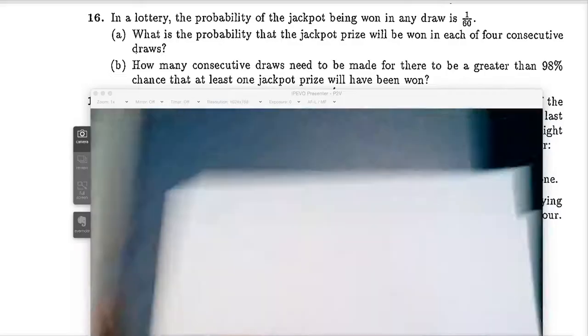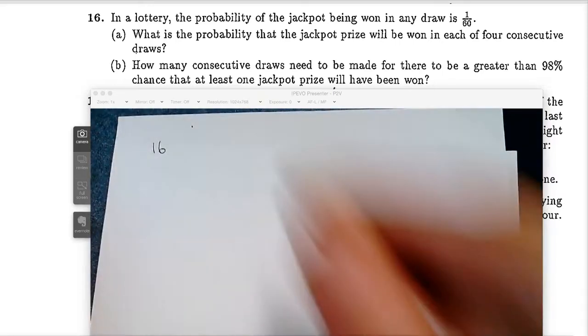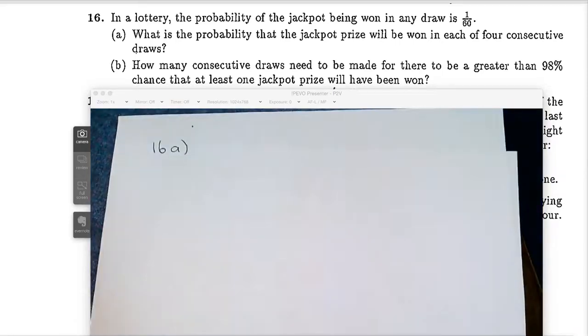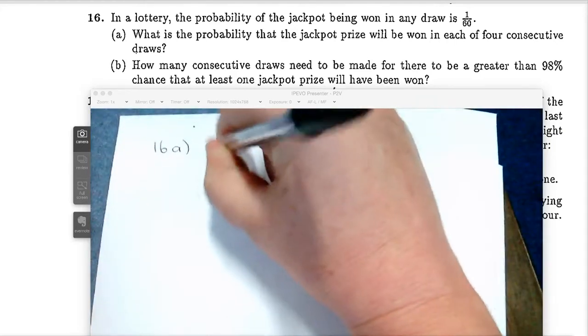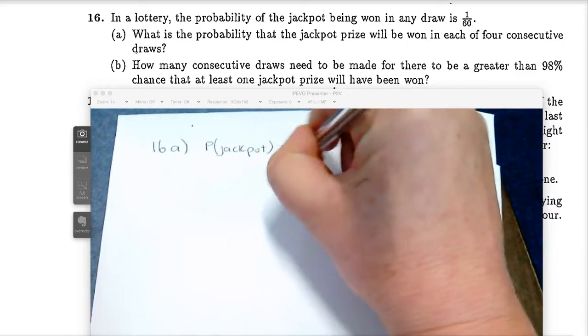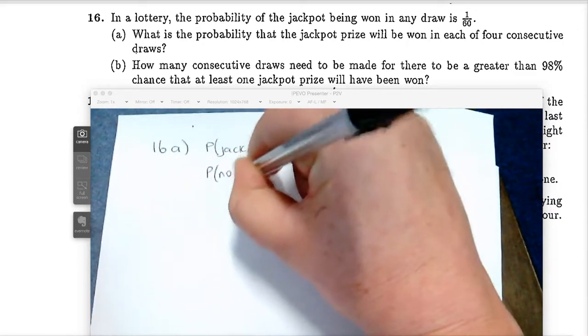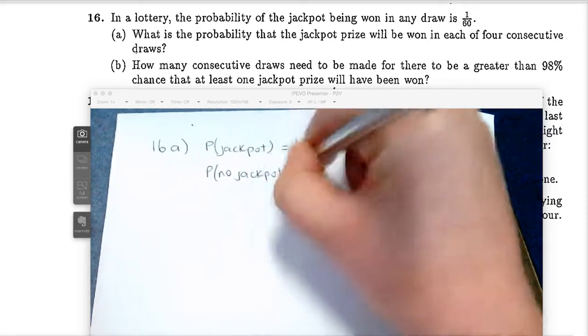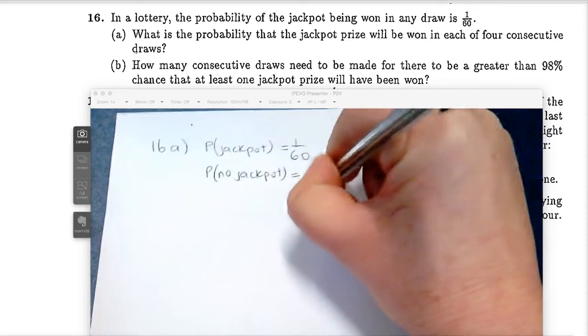One set. A and B, it says, in a lottery, the probability of the jackpot being won in any draw is 1 over 60. Probability of jackpot, that's pretty good, is 1 out of 60. So therefore the probability of no jackpot would be 59 out of 60.